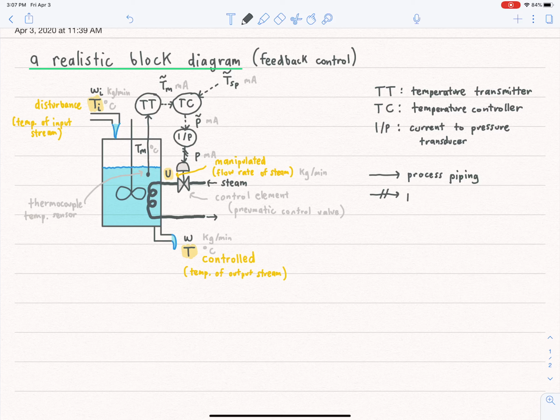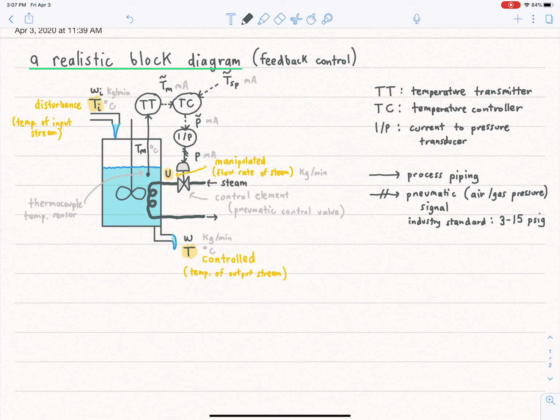This is a pneumatic signal. So air or gas pressure. And the industry standard is that this signal will vary from 3 to 15 psi.